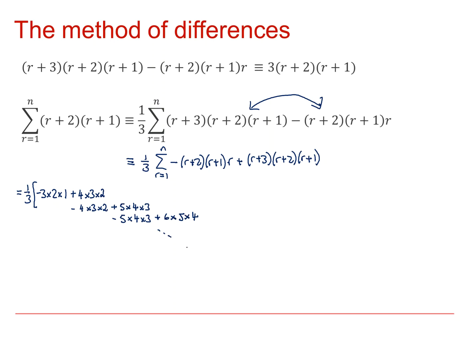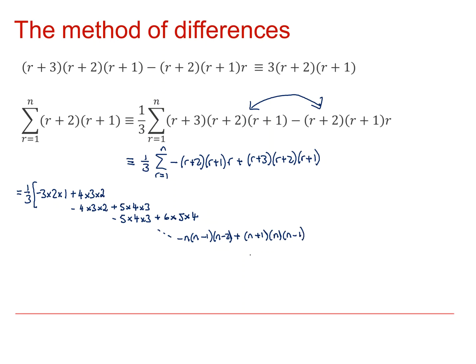Let's go to the end. If r is n minus 2, then I've got minus n times n minus 1 times n minus 2 plus n plus 1 times n times n minus 1.